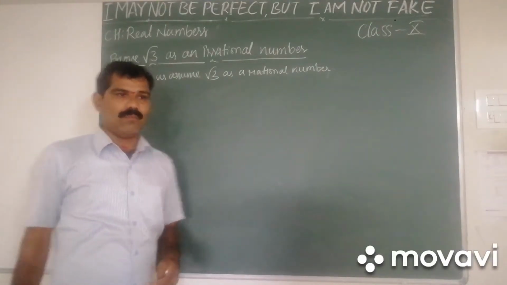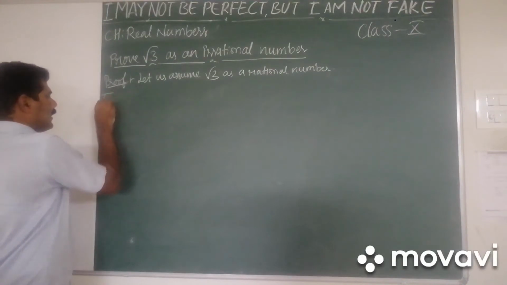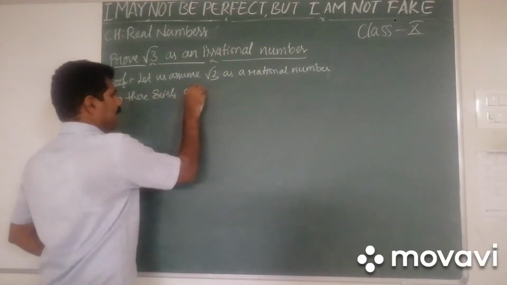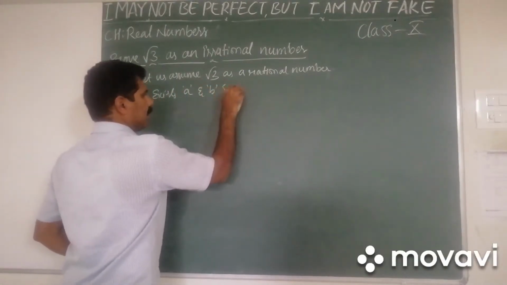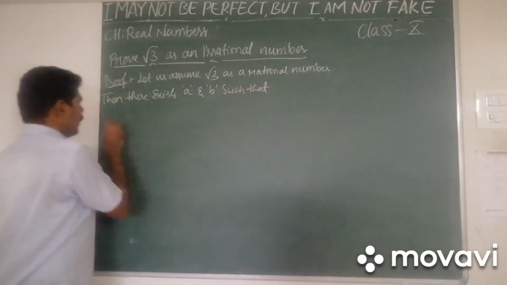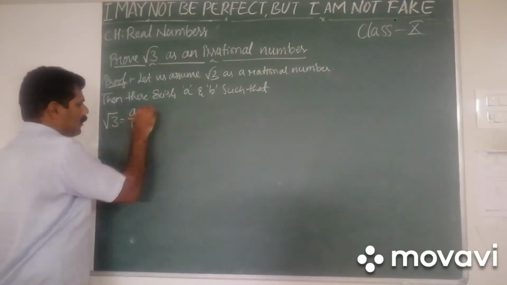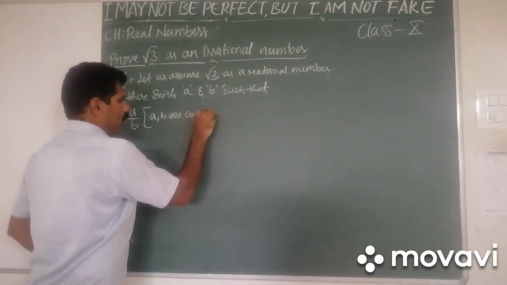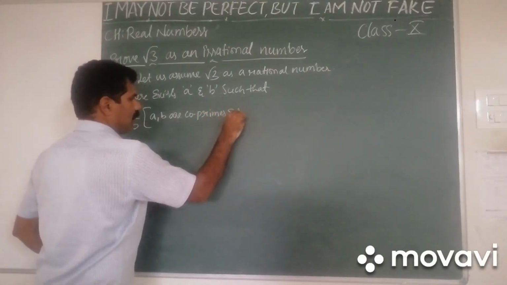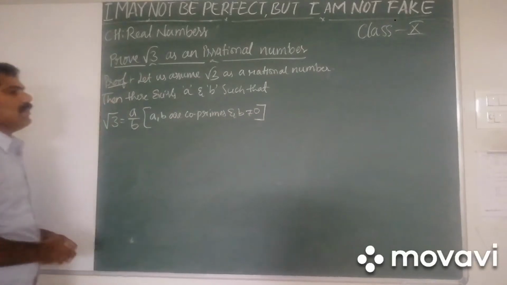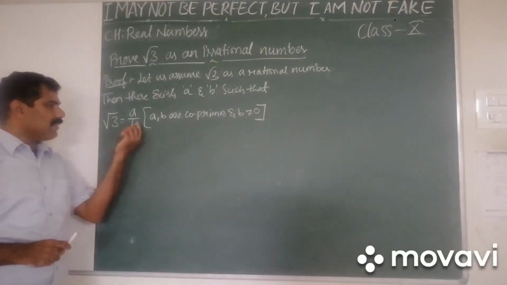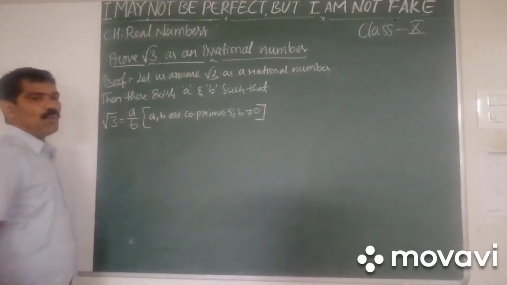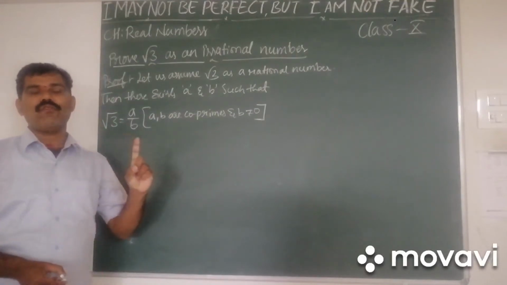Now, if root 3 is a rational number, then there exist a and b such that root 3 is equal to a by b, where a and b are co-primes and b is not equal to 0. Here a and b, that is numerator and denominator, are co-primes, meaning they have only 1 as a common factor.